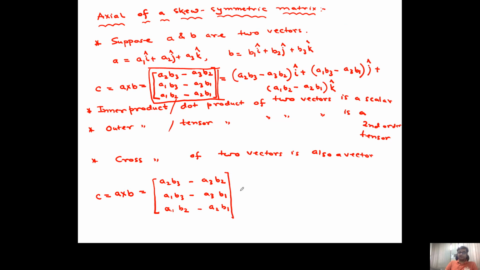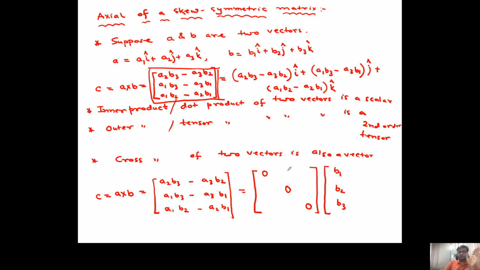So this is the final result, but we can also write it as a product of a matrix and a vector. The vector will be B1, B2, B3. In this matrix, the diagonal terms will be 0.